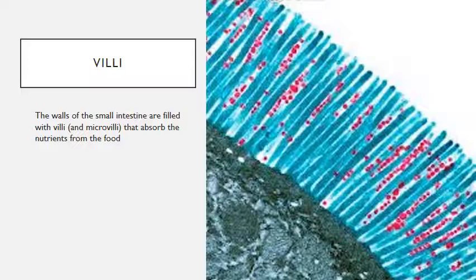Because the chyme has a very high concentration of nutrients. These cells have capillaries running through them, with blood cells going through, and those blood cells have a low concentration of nutrients. So as the food passes, you get diffusion from the high concentration area to the low concentration area.